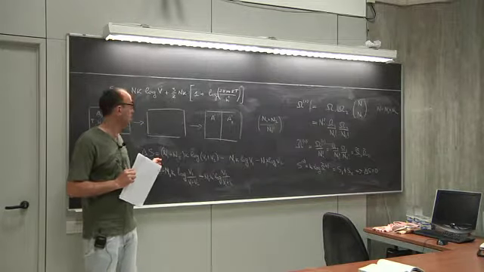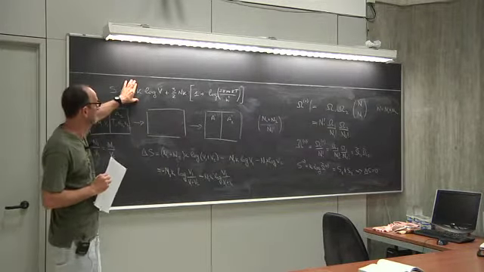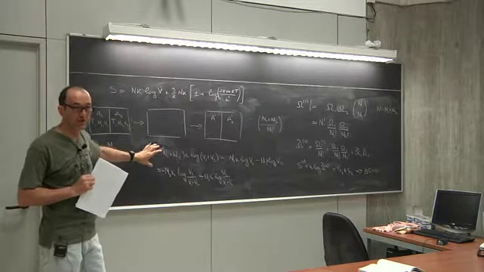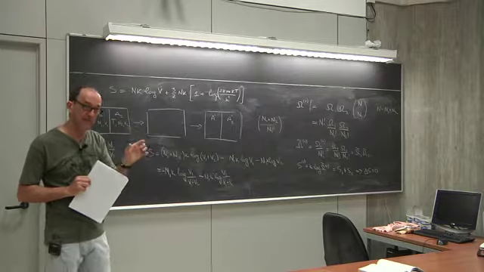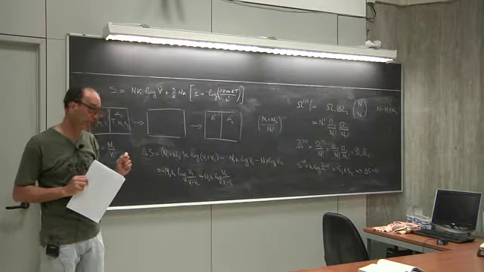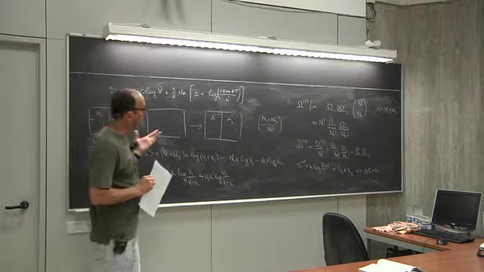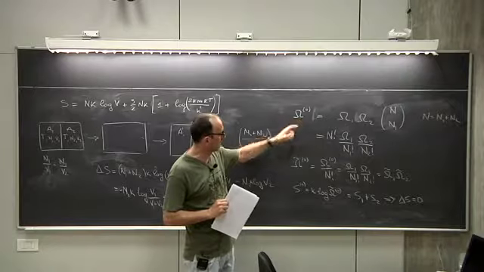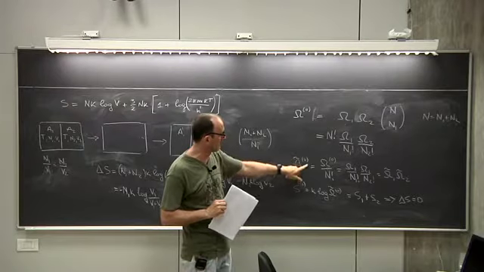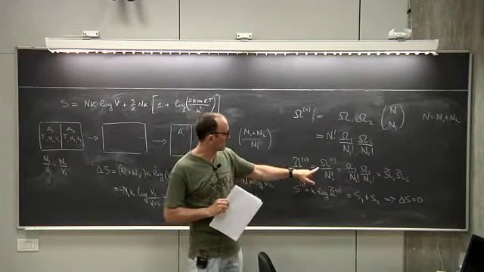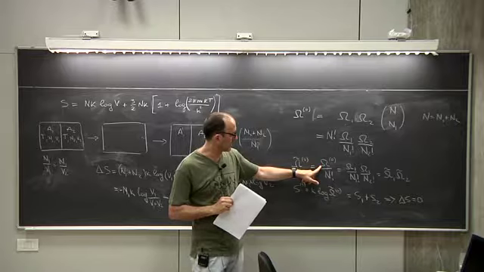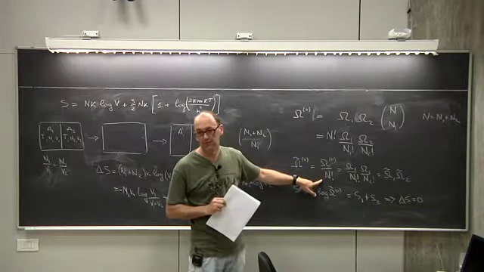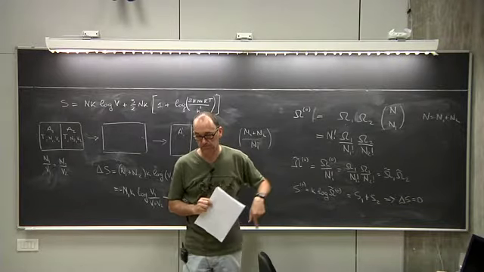Okay? So this formula here does not give you this result when the particles are of the same type. The way to correct it is to use a different way of counting the number of microstates, which is the number of microstates as we have computed divided by n factorial. Okay?